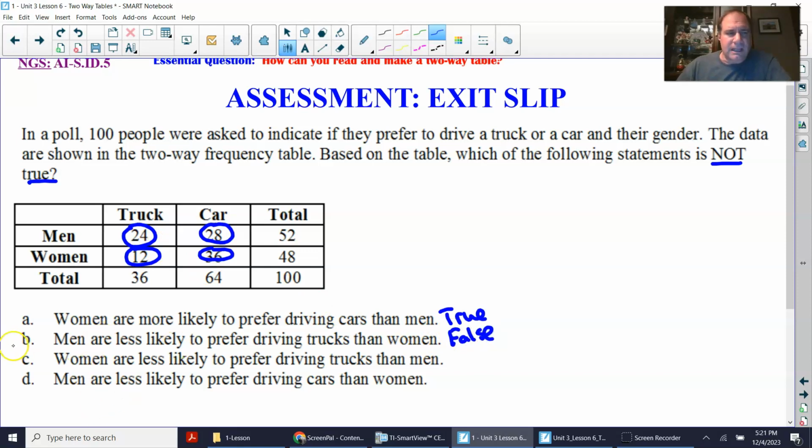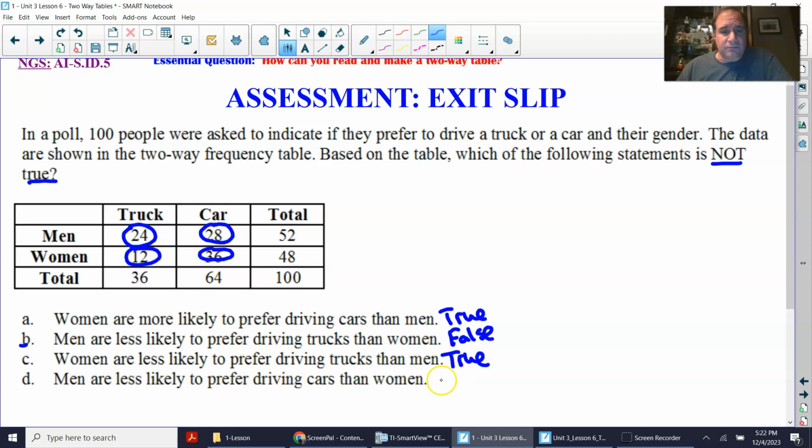I'm just going to go and put a line under it and just keep on going. Women are less likely to prefer driving trucks than men. Yes, that's true, because 12 women versus 24, that's true. And men are less likely to prefer driving cars than women.